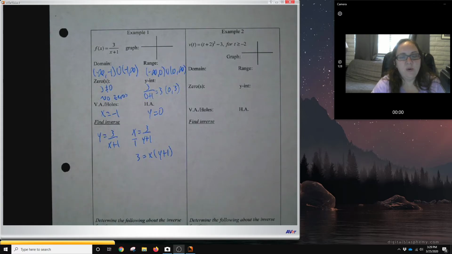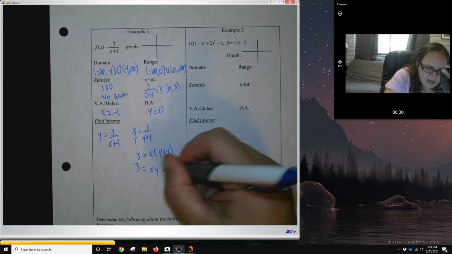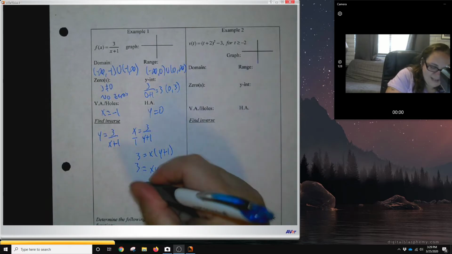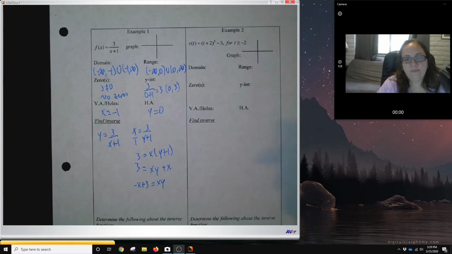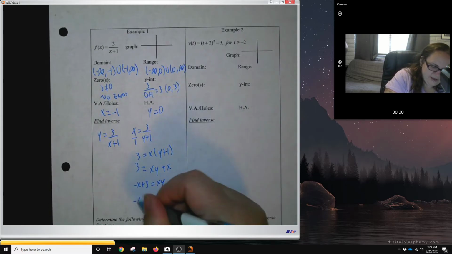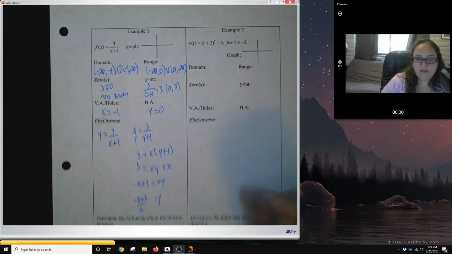So I am going to distribute that x. 3 equals xy plus x. Then I'm going to subtract the x. And then I'm going to divide by this x. So y equals negative x plus 3 over x, and that is my inverse.